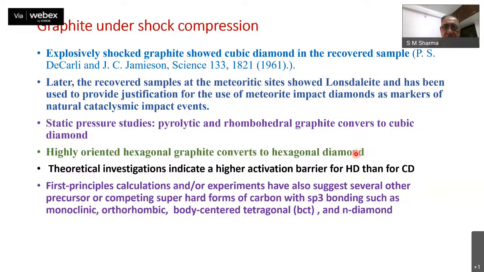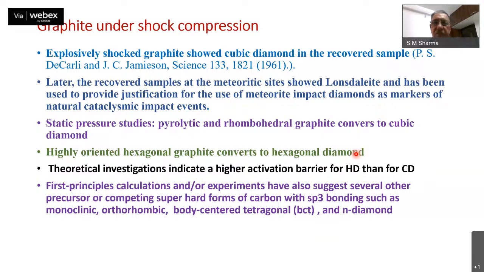The experiments which were done on graphite were of a variety of kinds. In fact, graphite has been a focus of high pressure studies for almost 6 decades. The first shock experiments done on graphite were done with explosive shocking of graphite.